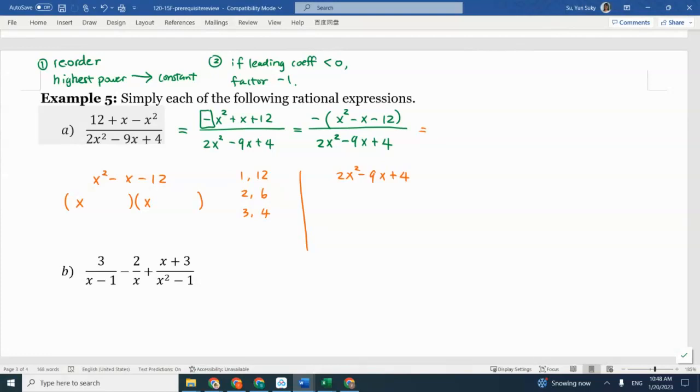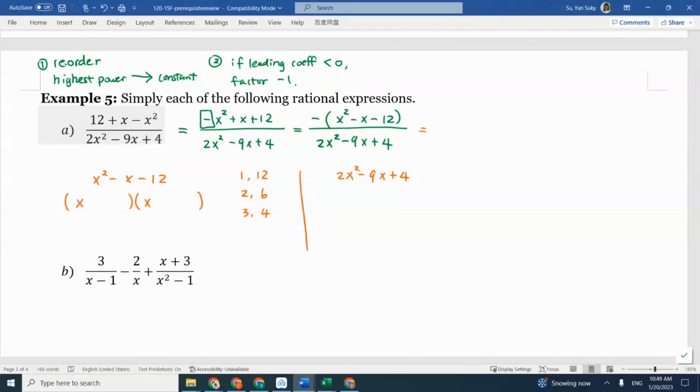And because of negative, one of them is negative. Right, everybody? So you can have negative 1, 12, 1, negative 12, negative 2, 6, 2, negative 6, negative 3, 4, or 3, negative 4. Yes, everybody? And we put different possibilities here, so let's try.